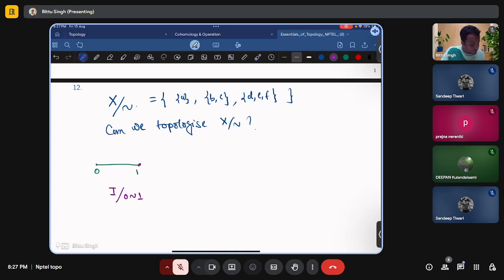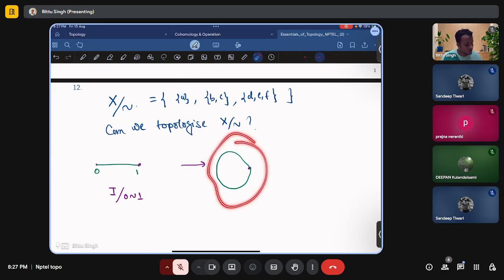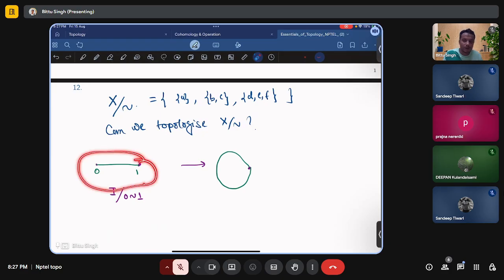Now we have seen geometrically this becomes like this. This becomes something like this, right? So can you topologize this using this topology? This is the subspace topology, or the relative topology of the Euclidean topology or usual topology.